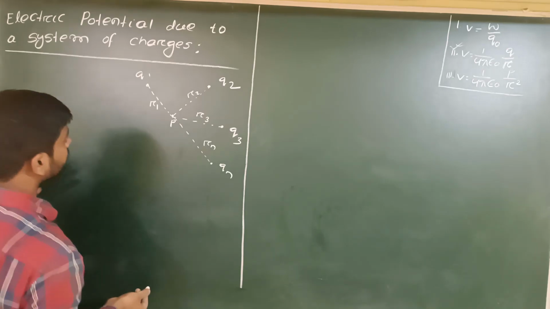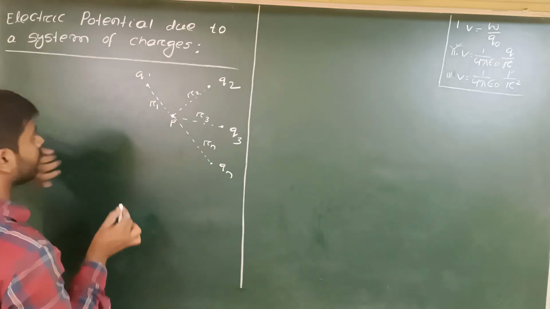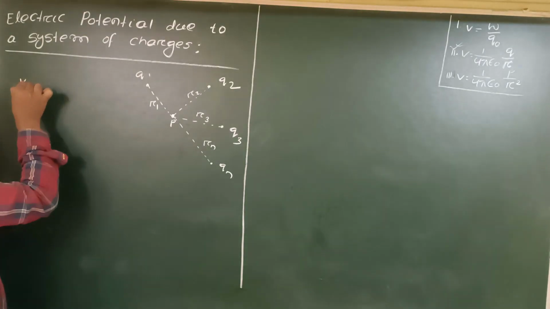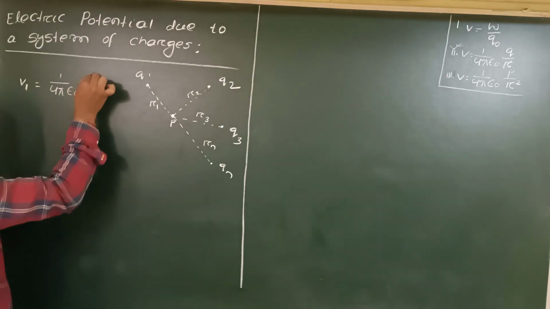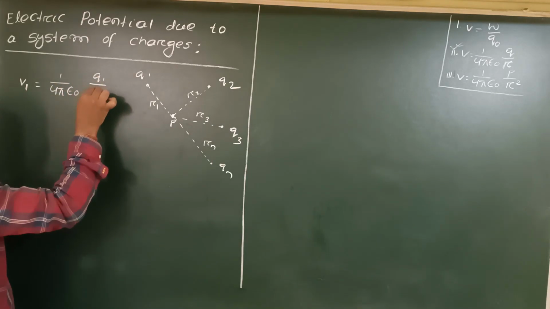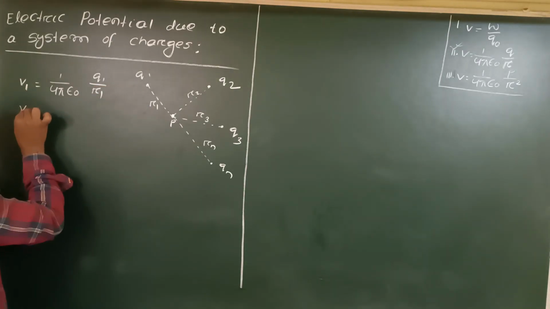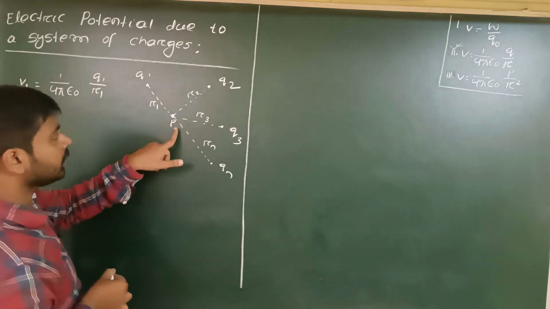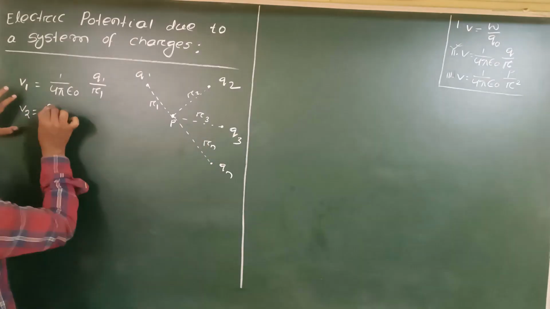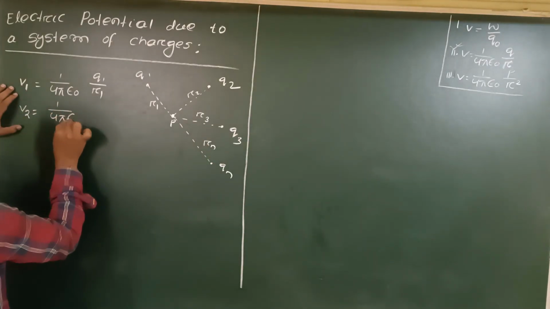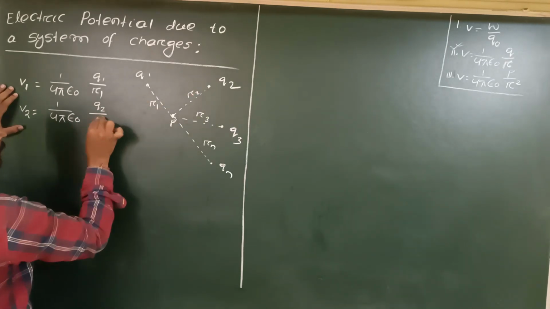So what we have to write? The electric potential at point P due to charge Q1, let the potential be V1, which is equal to 1 upon 4 pi epsilon naught Q1 upon R1. So the distance from Q1 to P is our R1. Then similarly, the potential at point P due to charge Q2, point charge formula 1 upon 4 pi epsilon naught Q upon R. So here we have to write 1 upon 4 pi epsilon naught, in place of Q we have to write Q2, then the distance is our R2.